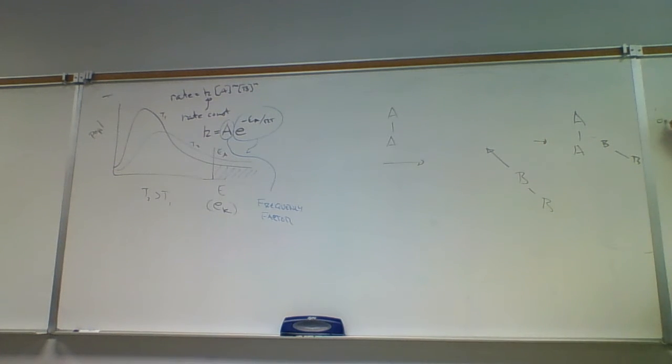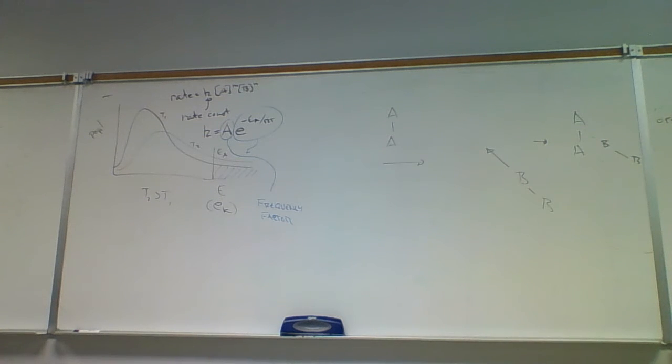The orientation is wrong for reaction because we cannot form the transition state. So even if we have enough energy in the wrong orientation, nothing's going to happen. Most collisions don't result in any reaction at all.